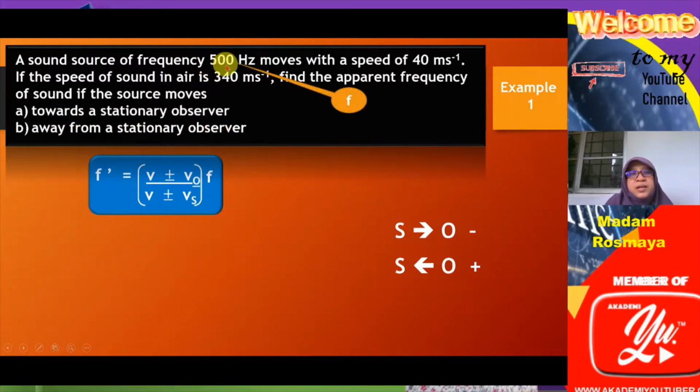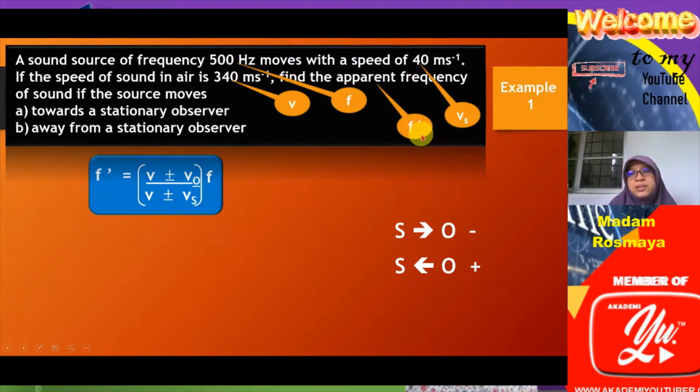Given that the frequency of the sound source is 500 Hz, f, and 40 meters per second is the speed of the source. The speed of sound in air is 340 meters per second, represented by v, and the apparent frequency we are going to determine is f'.